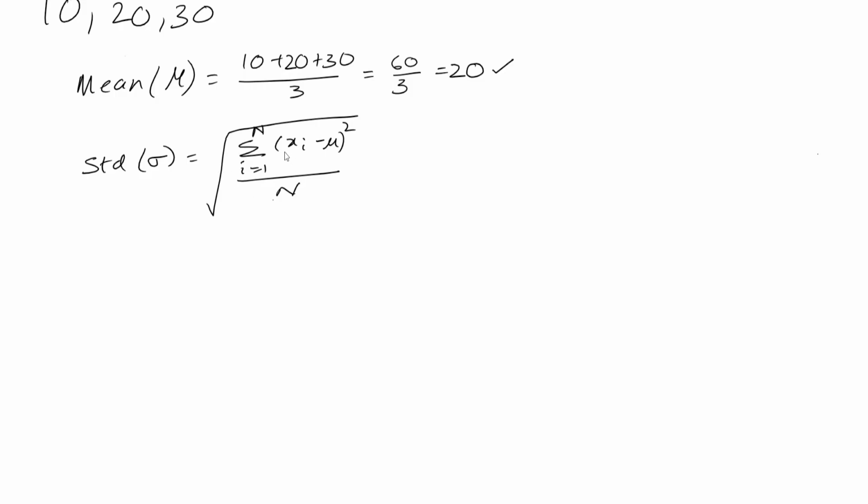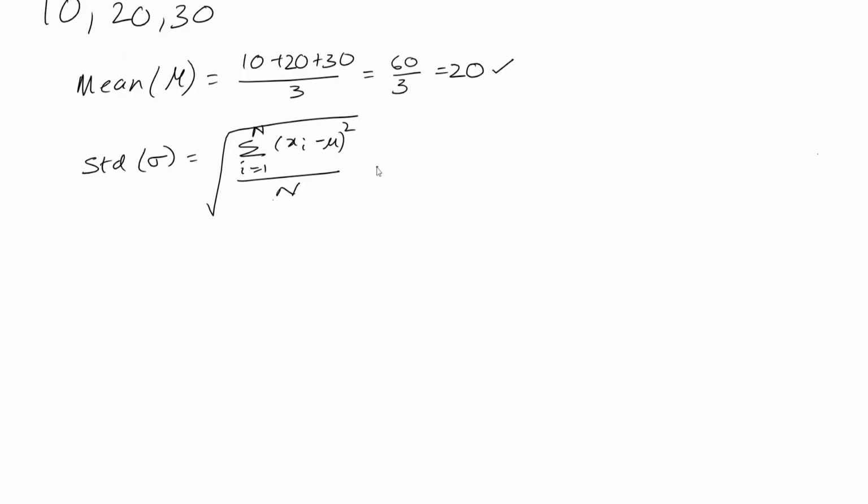So basically what it means is, for n number of data points, as i goes from 1 to n, take every data point here, in this case 10, 20, 30, subtract the mean from those data points, square them independently, add them all together, and divide by the number of data points.